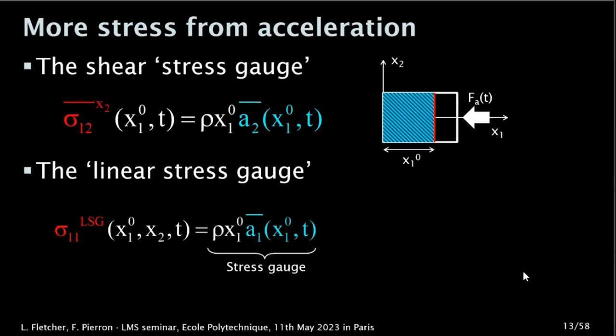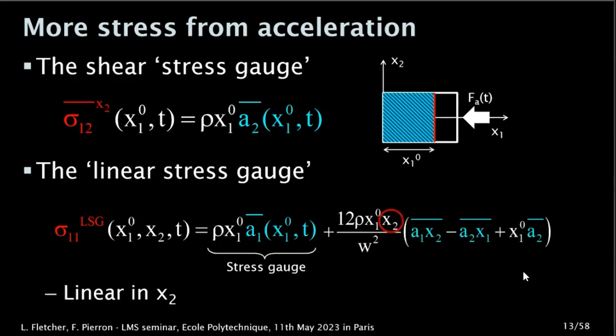The first term is the stress gauge, so the constant stress, or the zero order moment, if you prefer, of the stress, plus a linear term, which contains the density, the position to the free edge, the width, and a weighted average of the acceleration, A1 and A2, weighted by the position of the point in the field of view, but it's still very easy to calculate, and X2. So now we have a linear variation of the stress. This corresponds to the first moment of the stress, sigma 1, 1, that we get from acceleration.